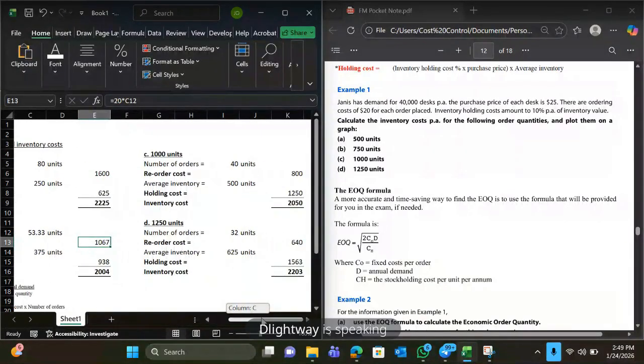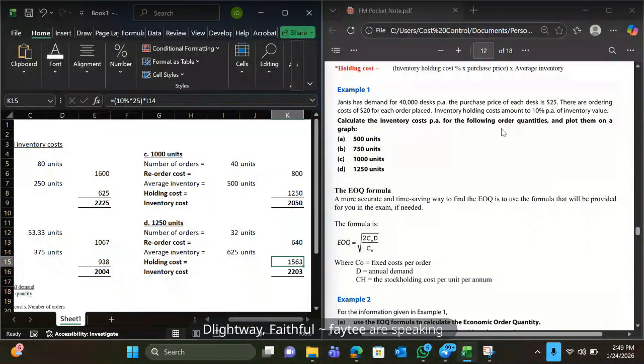So the lower the order, the higher the holding cost. But the higher the, what do you call it? The order quantity, the higher the holding cost. Sorry, I don't want to confuse us. The higher the order quantity, this is what I mean.